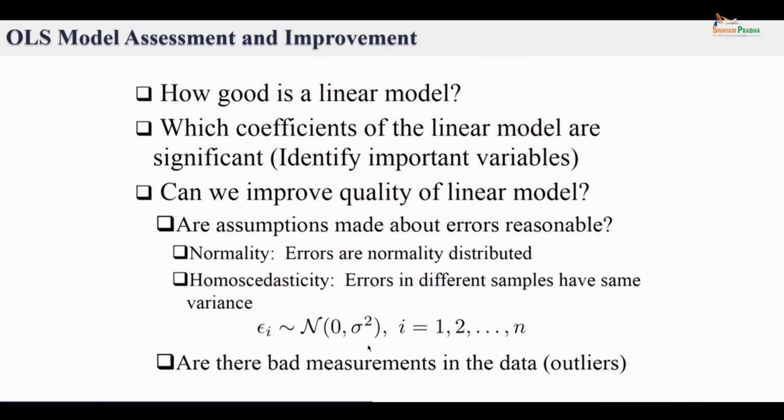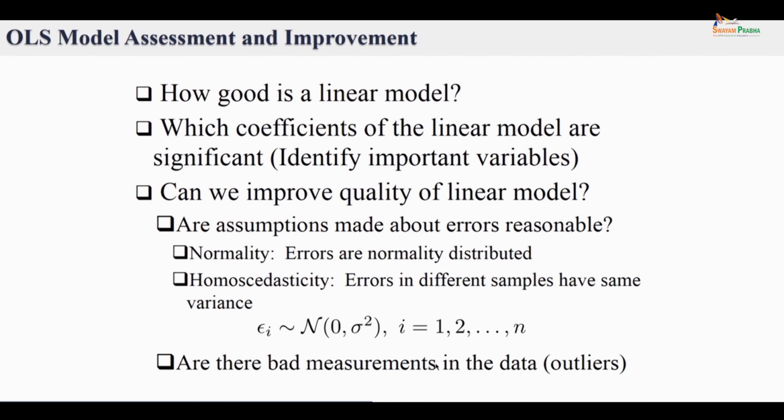Now, we also assume that all the measurements that we have made are reasonably good and there are no bad data points, or what we call outliers in the data. We saw that even when we are estimating a sample mean, one bad data can result in a very bad estimate of the mean. So, similarly in the method of least squares, if we have one bad data point, it can result in a very poor estimate of the coefficients.